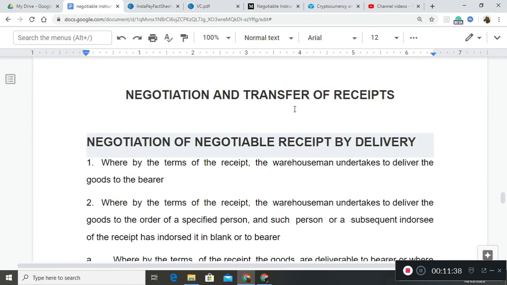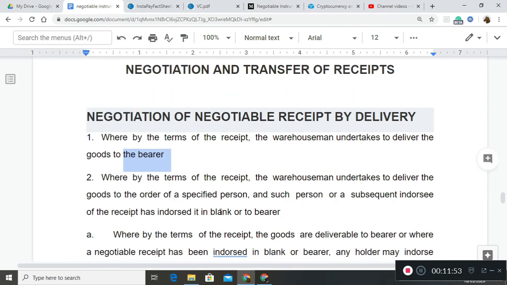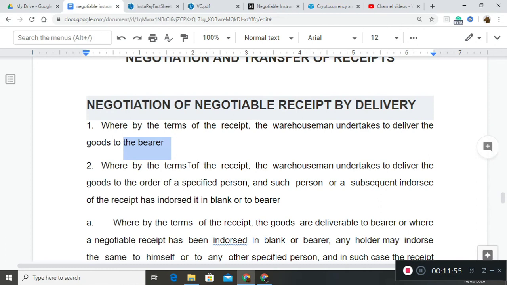So, negotiation and transfer of receipts. Negotiation of a negotiable receipt by delivery: where by the terms of the receipt the warehouseman undertakes to deliver the goods to bearer, not to the order of someone but to bearer.